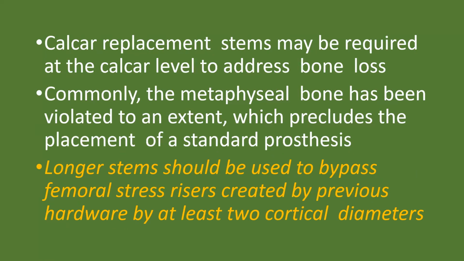Calcar replacement stems may be required at the calcar level to address bone loss. Normally, the metaphyseal bone has been violated to an extent which precludes the placement of a standard prosthesis. Longer stems should be used to bypass stress risers created by previous hardware by at least 2 cortical diameters.